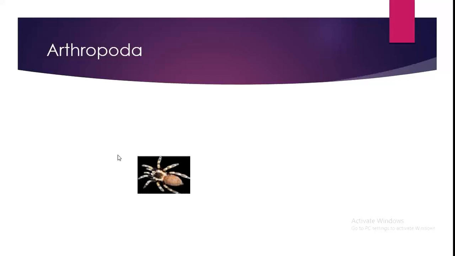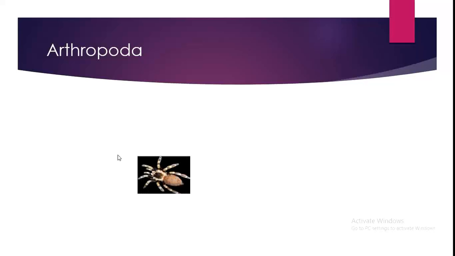Then the fourth phylum, that is phylum Arthropoda. Remember, this phylum contains the highest number of animal species, and the majority of these species are insects.